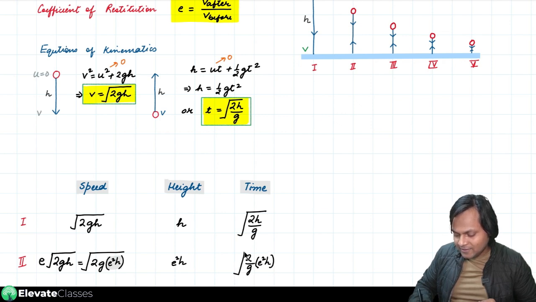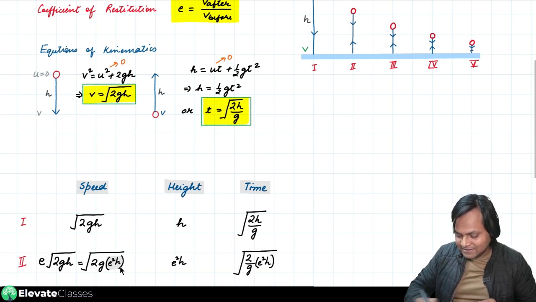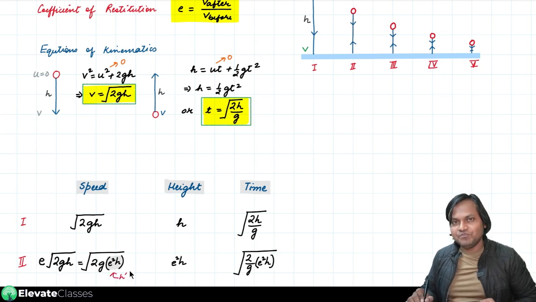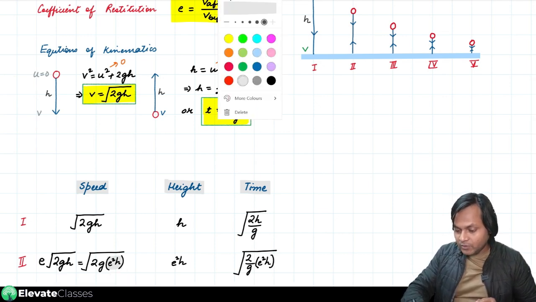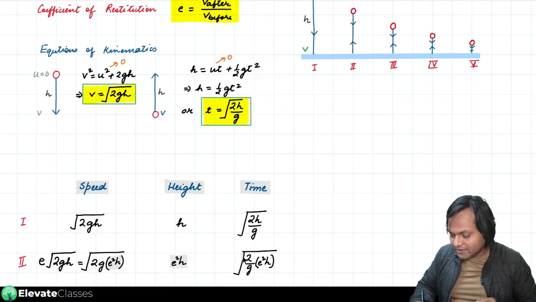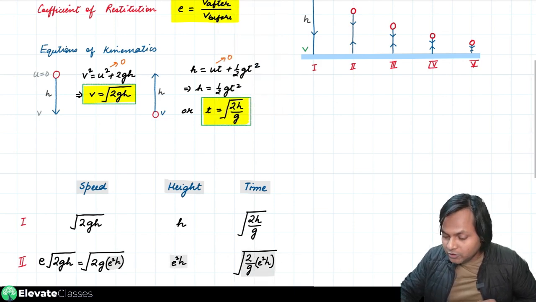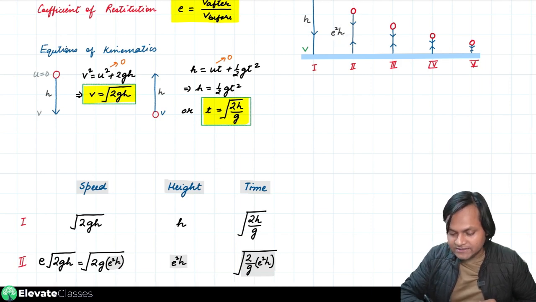So think of this as this new height h dash, for the second bounce. So this height is e square h.